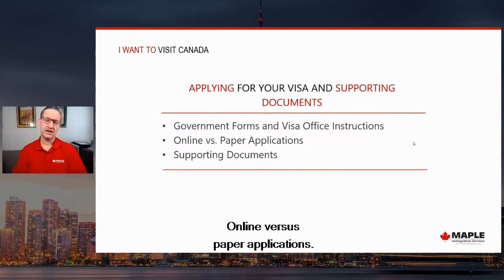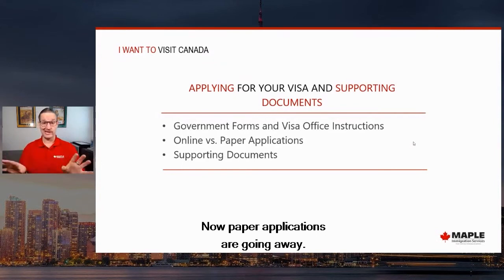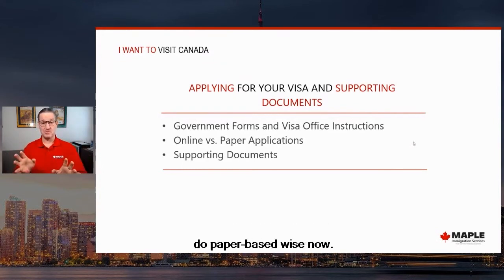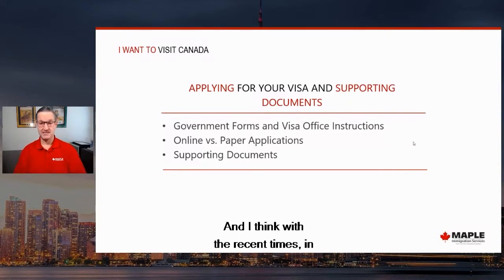Okay. Online versus paper applications. Now, paper applications are going away. I believe there are very few things that you can do paper-based now, and with the recent times in terms of what's going on with COVID, the Canadian government has already expressed that they're going to get away from paper.